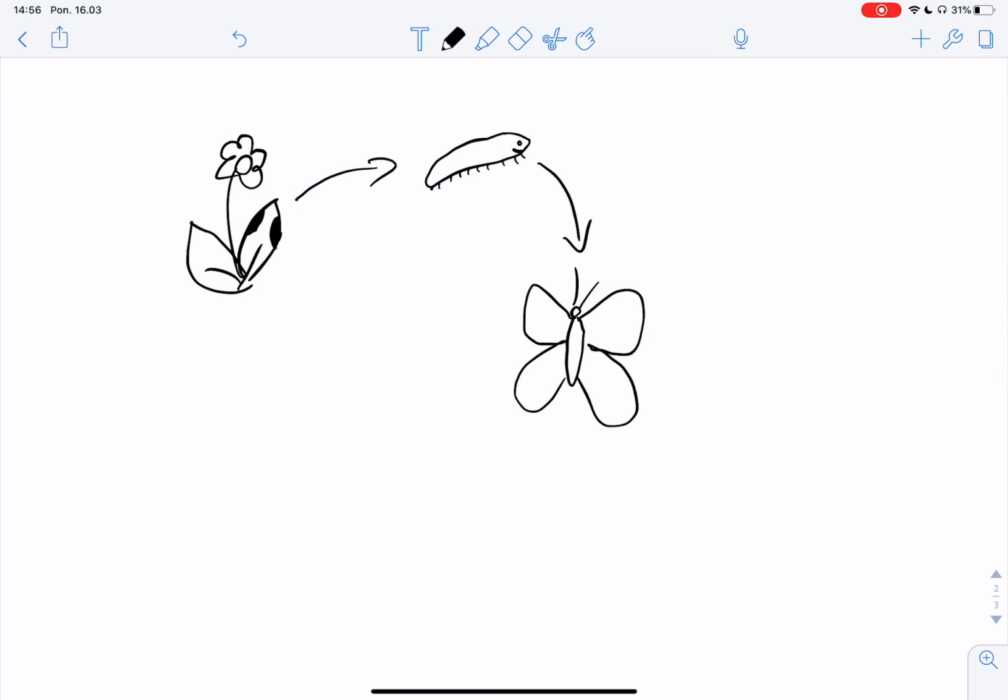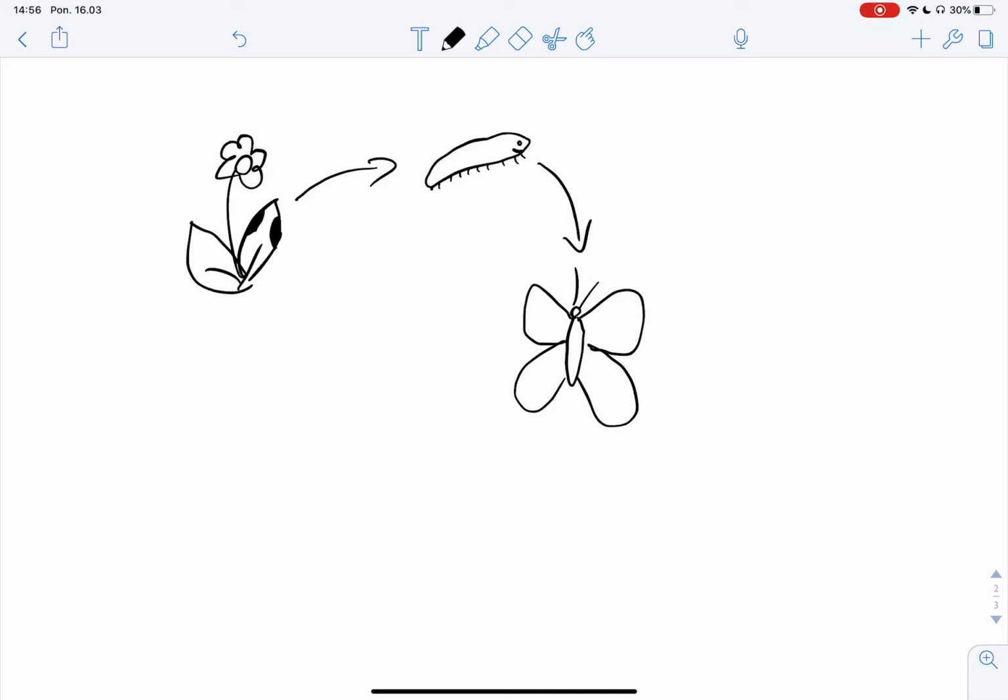And basically, when it comes to butterflies, their life is simple. They start as eggs, then they hatch, then they are caterpillars, then they transform into the adult form, which is the butterfly itself. And the only task that a butterfly has is to reproduce. And that's it. Some species of butterflies, the males, are born without mouths, so they are not supposed to feed themselves.